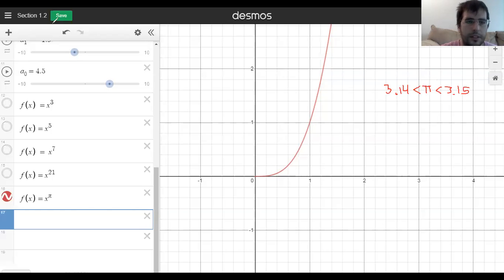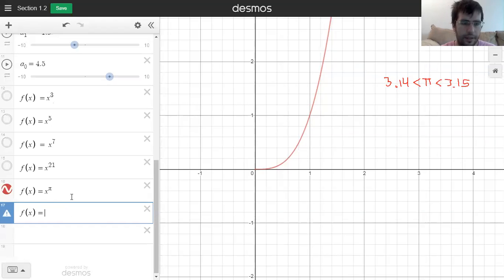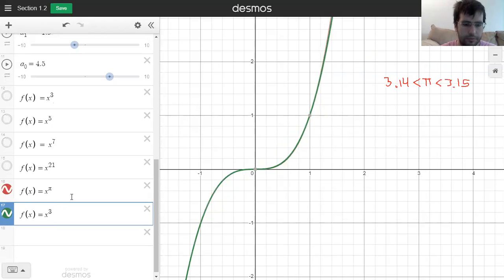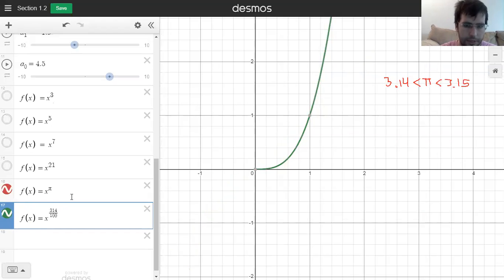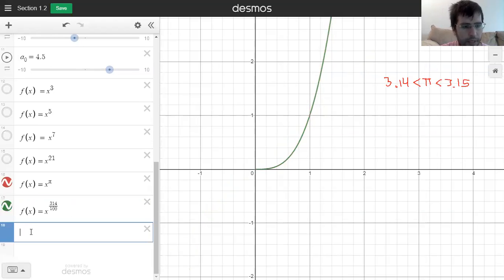3.15. So that's going to mean that x to the pi is going to be between x to the 3.14, which is a fraction, right? Because this is the same as 314 divided by 100. And so it's going to be between this one and that one, 3.15.